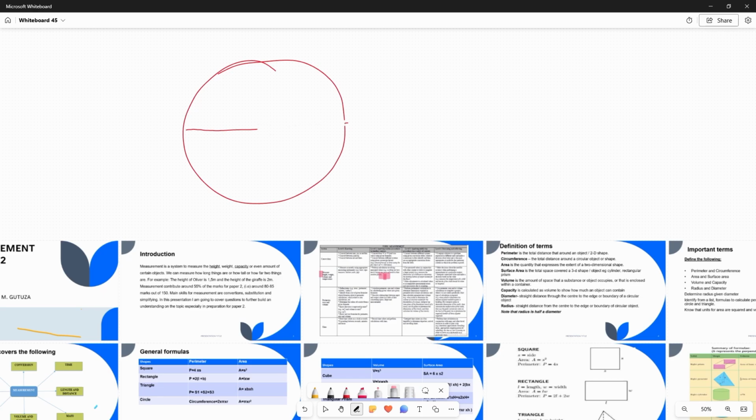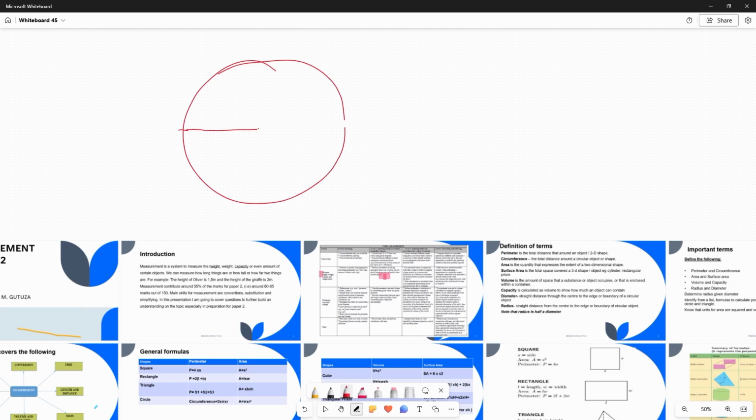Then if I remove the other side of the diameter, we are left with one side, which is this one. From the center, the line which runs from the center to the boundary of the circle is the radius. So quickly, what is a radius? What is a diameter?